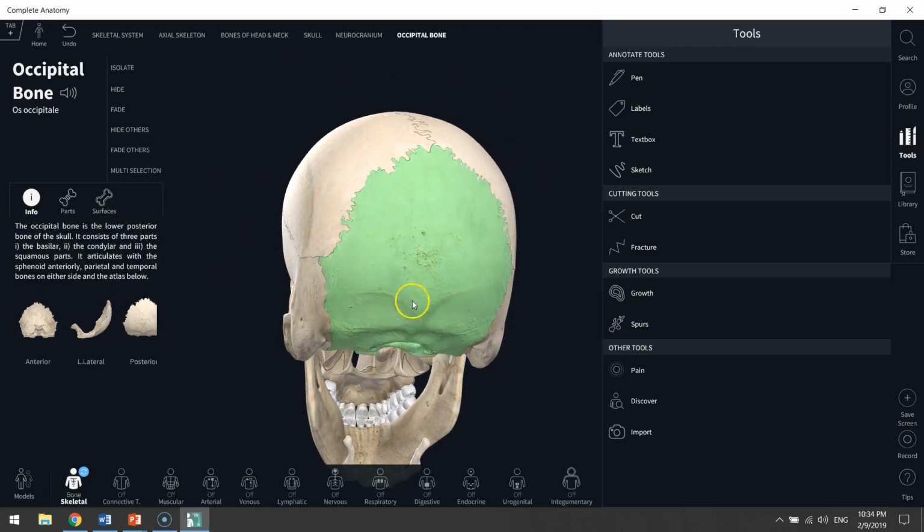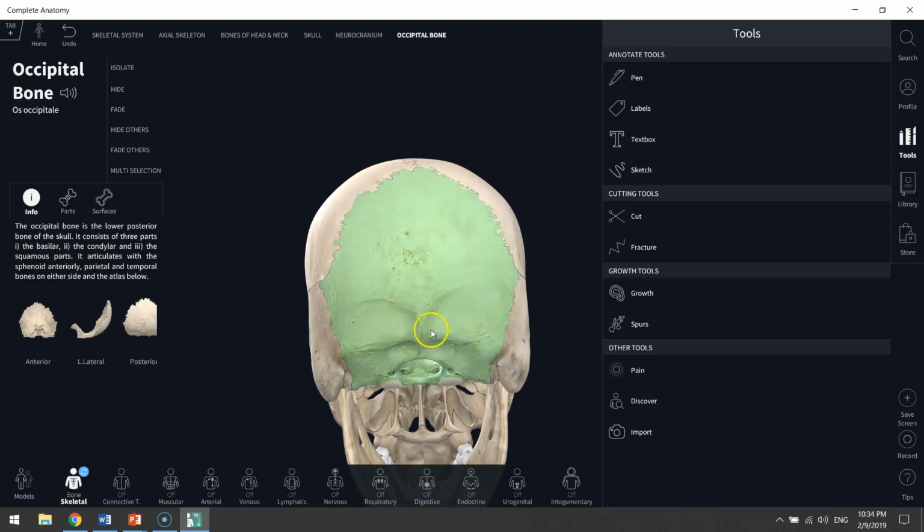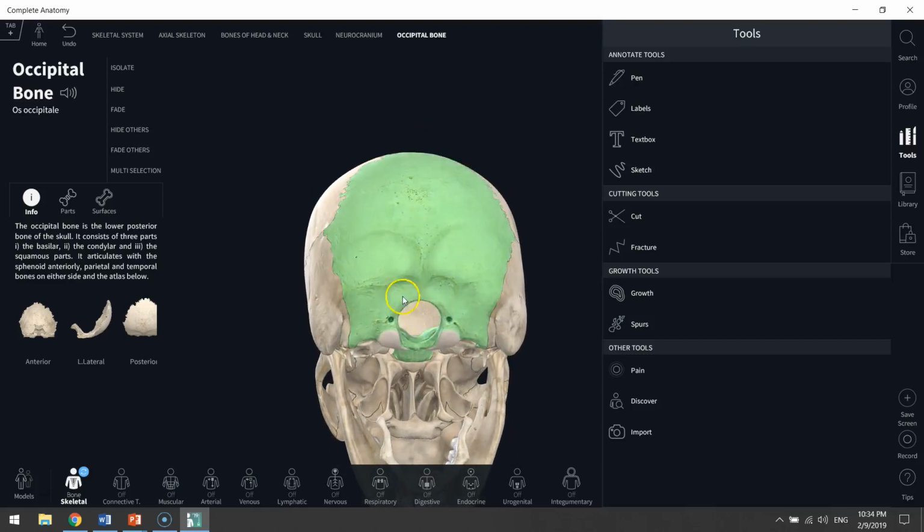Inferior and posterior can be palpated the external occipital protuberance. Superior laterally and inferior laterally to that lie the superior and inferior nuchal lines. Again, these serve as muscle attachment points. Midline at the center of the base can be seen the foramen magnum for the spinal cord.